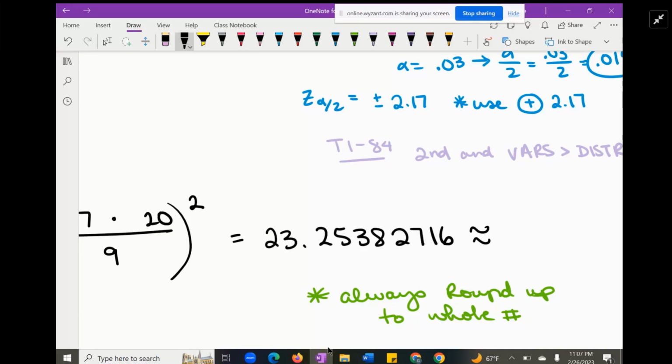So even though it's 23.2, the number to the right of 3 is 2 and it's less than 5, you may think, oh, let's just keep it the same. Nope, we're going to round up.